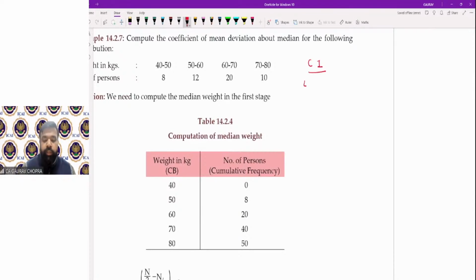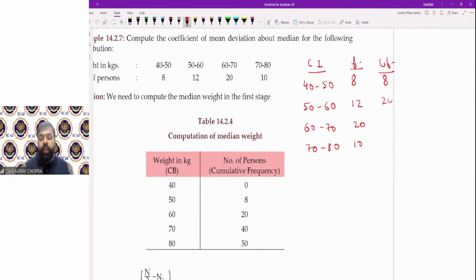Class interval is given: 40 to 50, 50 to 60, 60 to 70, 70 to 80. Frequency is 8, 12, 20, and 10. Then find the CF: 8 plus 12 is 20, plus 20 gives 40, and plus 10 is 50. Okay, this is the CF.